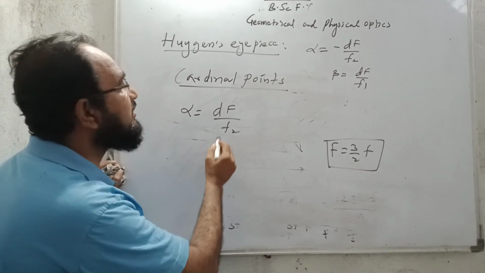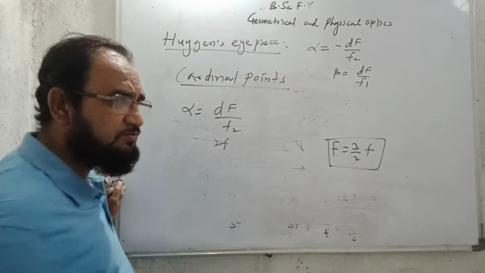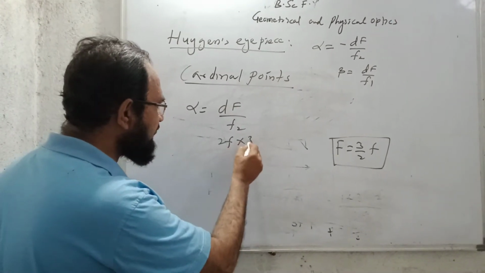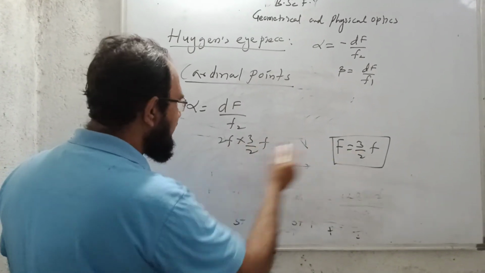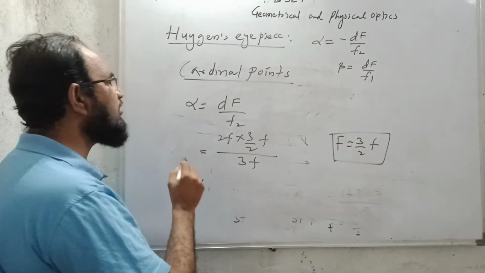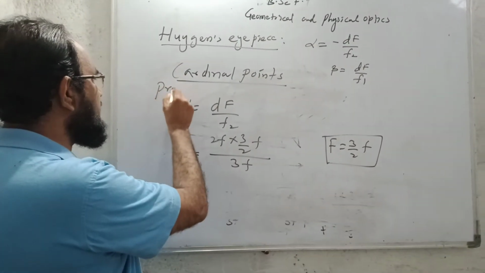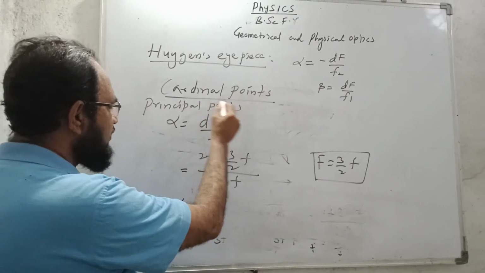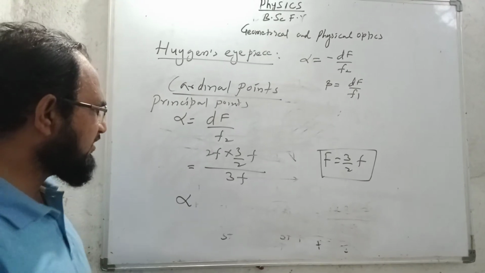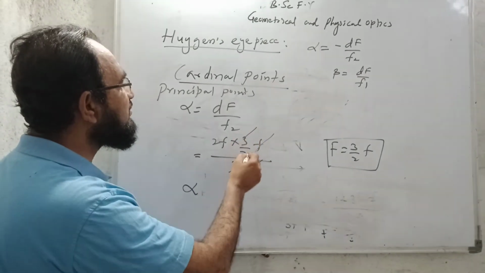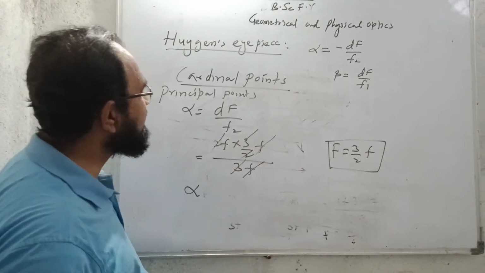That is, d is 2f and f is 3 by 2 f, which we calculated, and f2 is 3f. So if I calculate the value of alpha, the first principal point from the first lens, the f gets cancelled, 3 gets cancelled, 2 gets cancelled.